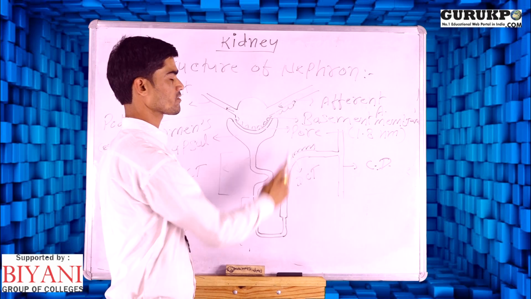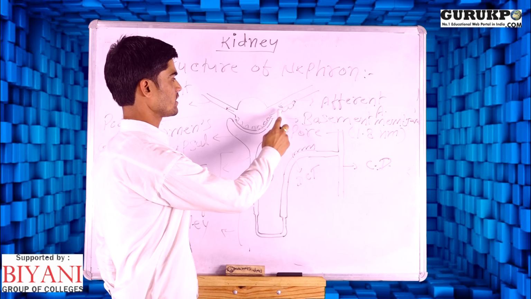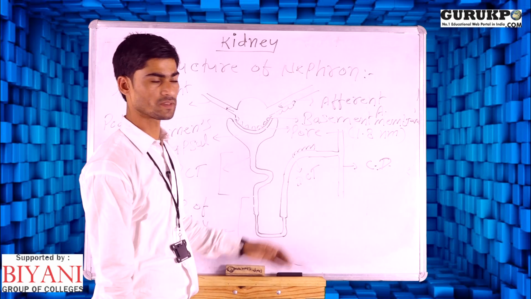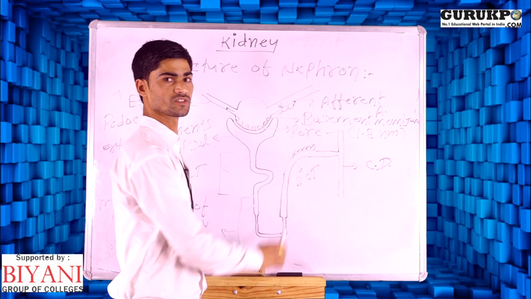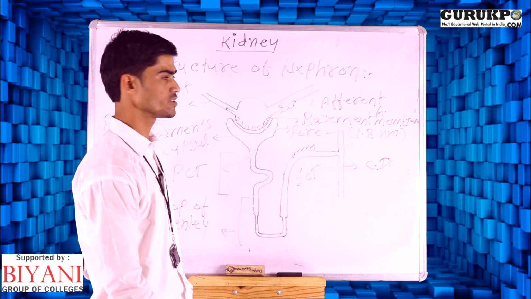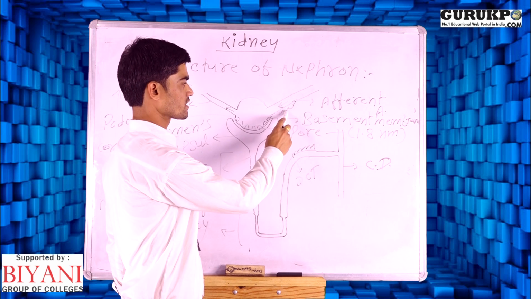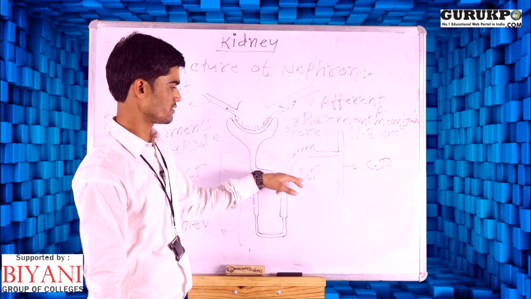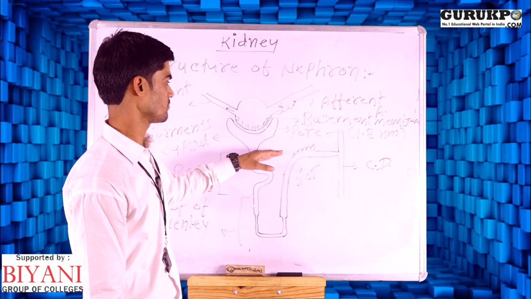Special cells are found in the afferent arteriole. These cells are called specialized endothelial cells, or we can say juxtaglomerular apparatus cells, because it is a pressure sensitive device. And in the DCT, specific cells are found.